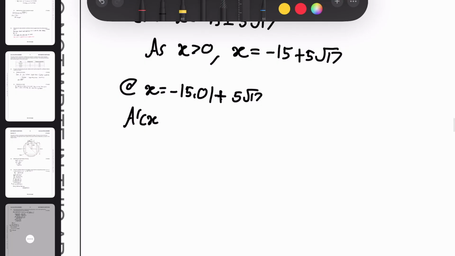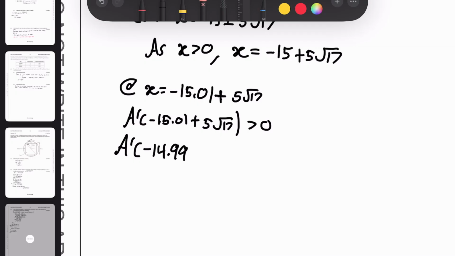We have that this is going to be a dash of x is greater than 0. Wait, hold on, maybe I should write the full thing in here. Then a dash of negative 14.99 plus 5 square root of 17. So right now I'm just doing the sign test on either side, and this is less than 0.